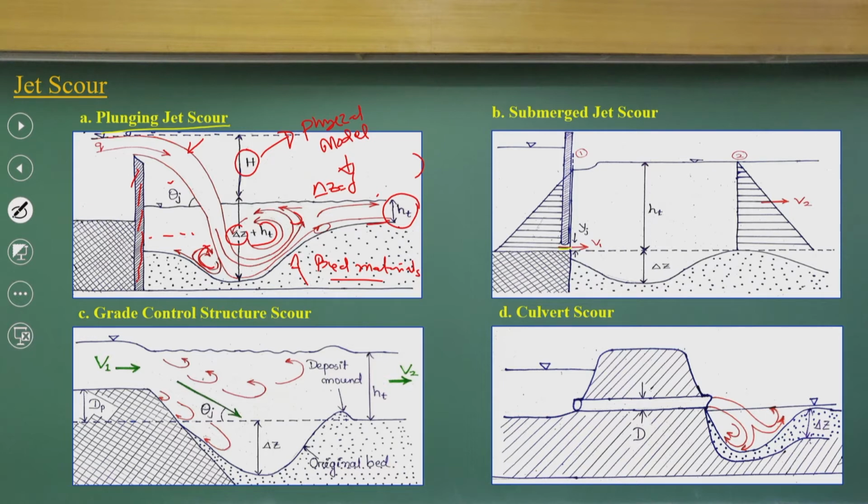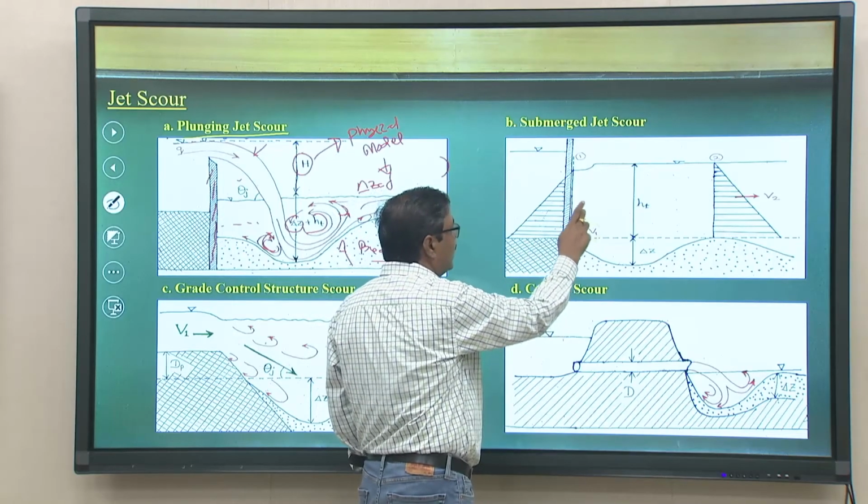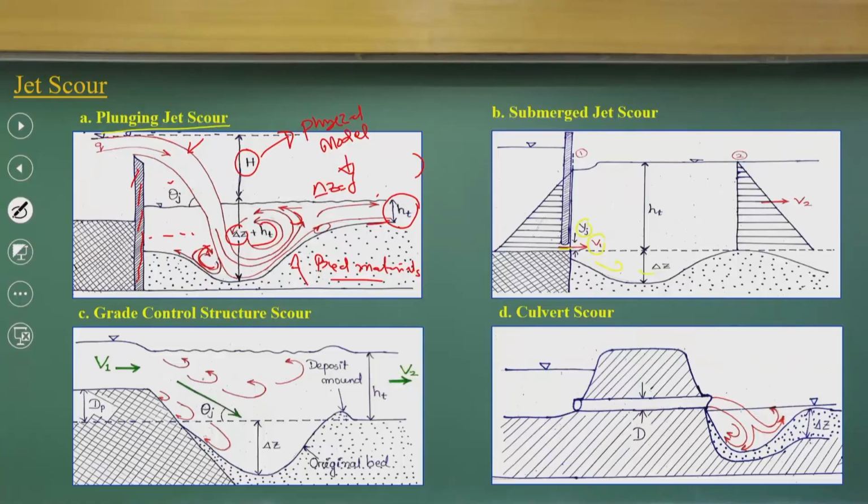The sluice gate will have a V1 velocity and yj depth, and you can understand how the scour mechanism is going to form here. There will be scour and deposition, and because of that we try to know the scour depth, delta z. The scour depth is a function of V1, V2, yj and the bed material.